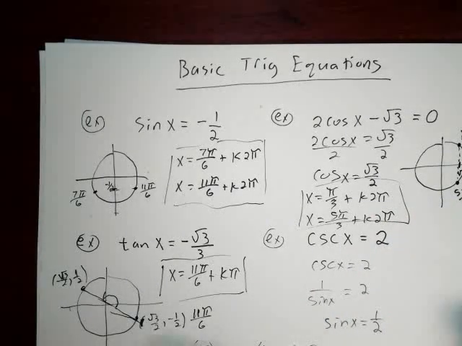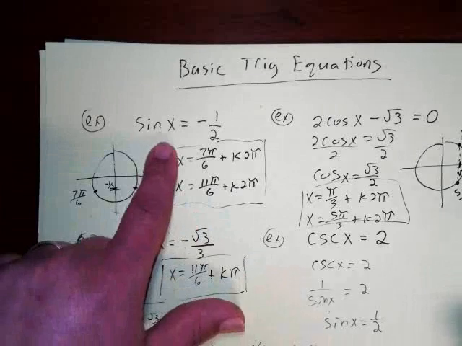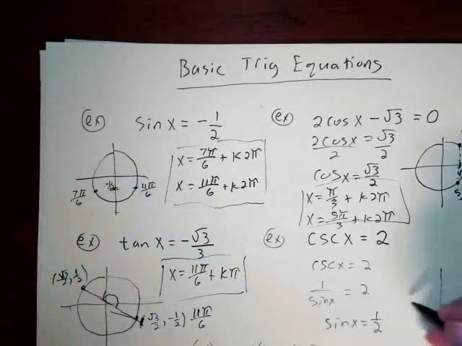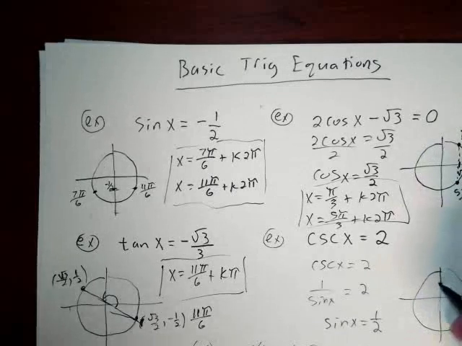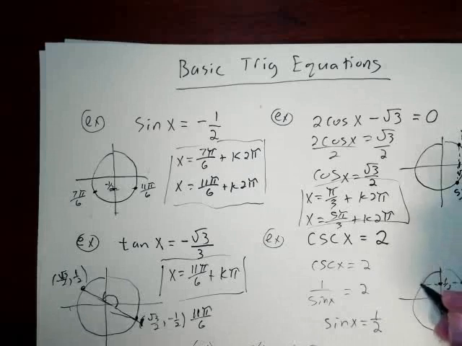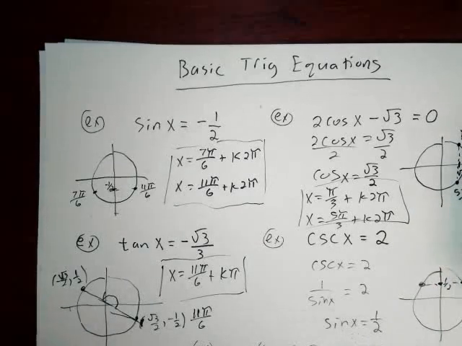Okay? And so basically, that's a lot like this equation, right? Except now it's positive 1/2, so it'd be up here, 1/2. And so you would have the two solutions here and here, just like these here.